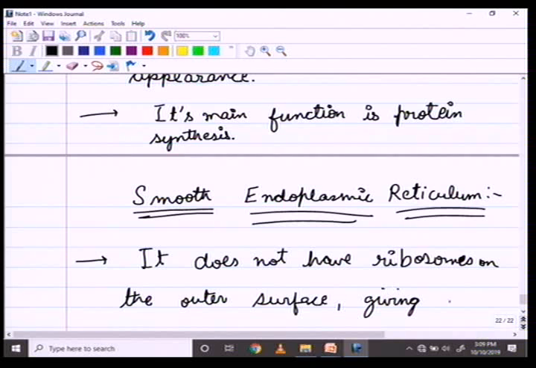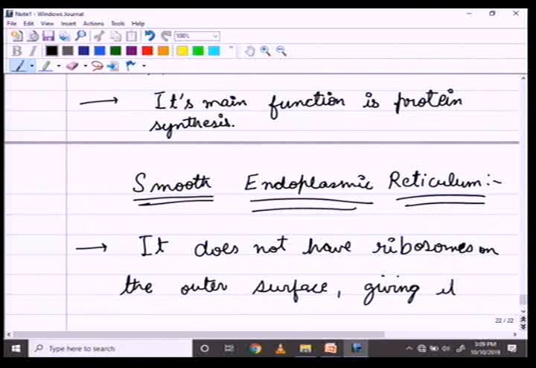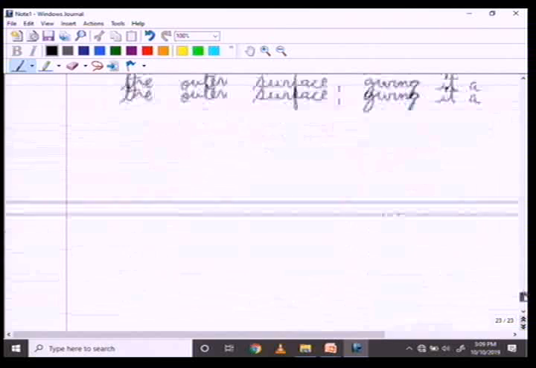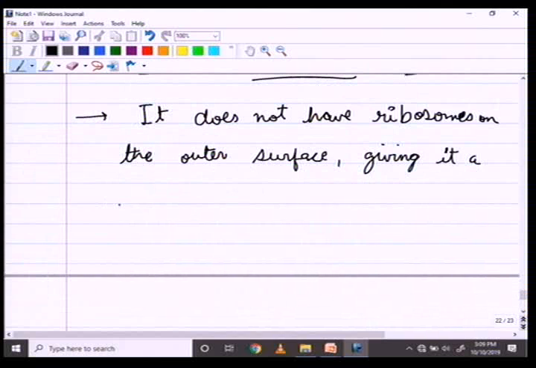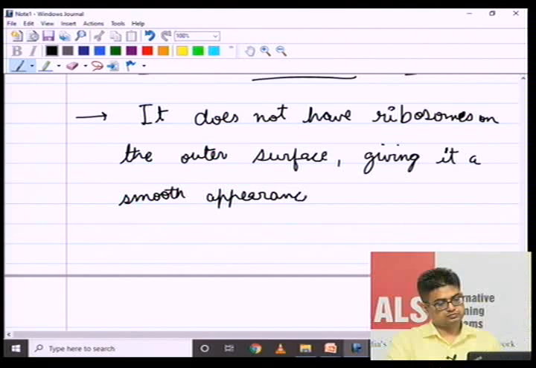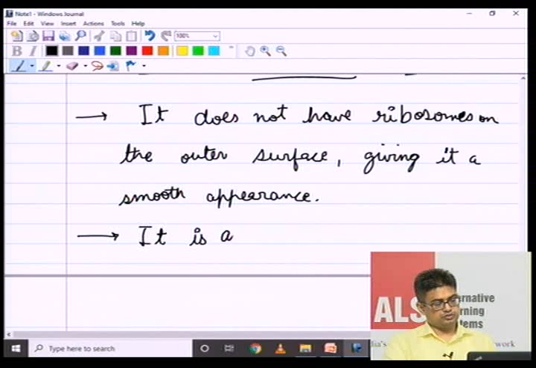It is associated with lipid biosynthesis, lipid synthesis.